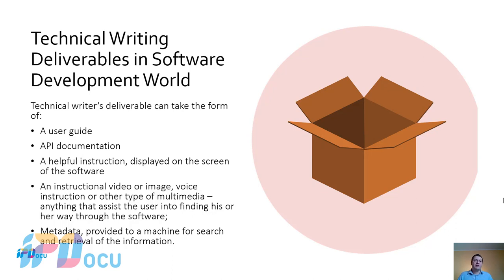And last but not least, the technical writers are heavily involved in handling metadata that is then used by machines and algorithms for search and retrieval of the right information piece in the right moment in time.